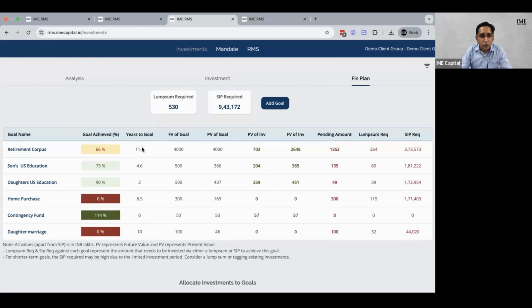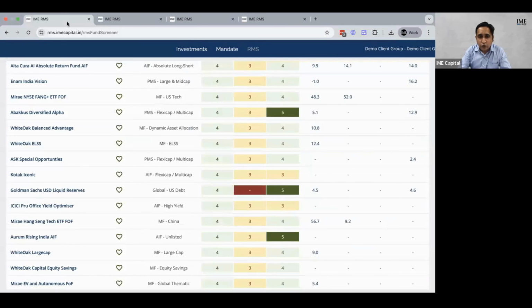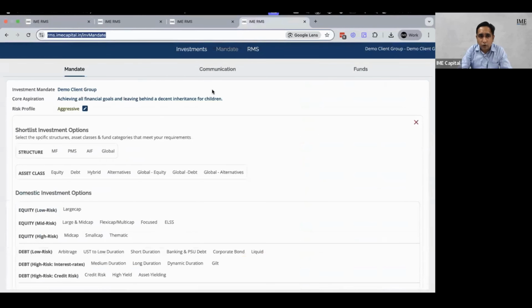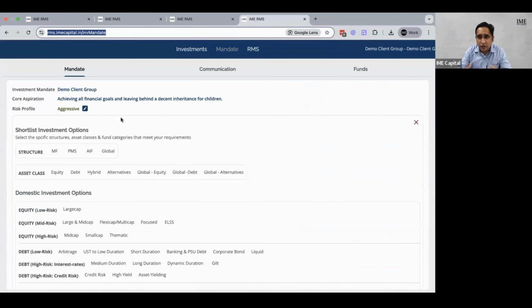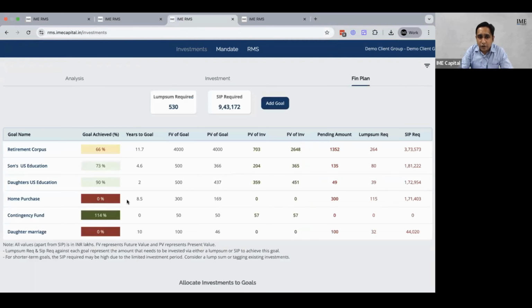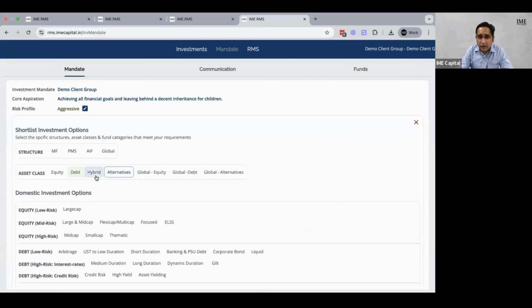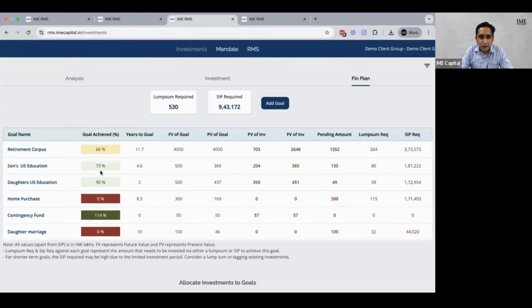And then you have these longer term goals of retirement, the home purchase, daughter's marriage, etc. What I am showing you is the process of building the mandate on our equity RMS on the client portal. Looking at the choice of asset classes in the context of the goals, I do need debt to fund these immediate short-term goals. There may be a requirement of certain hybrid asset classes to meet the medium-term goals, and equity is clearly the right asset class to meet the longer-term goals that you've set.